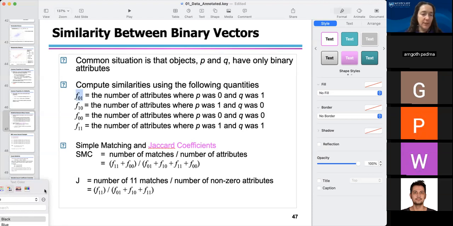So if we take the first one, let's say the value for the first object is 0, but for the second object is 1. That's the first coefficient.